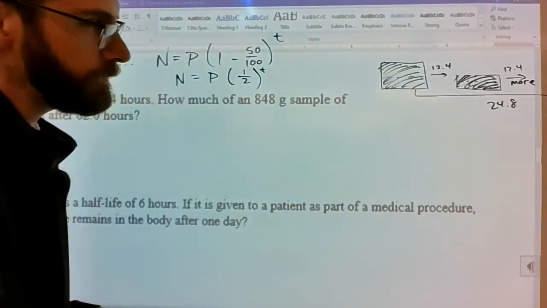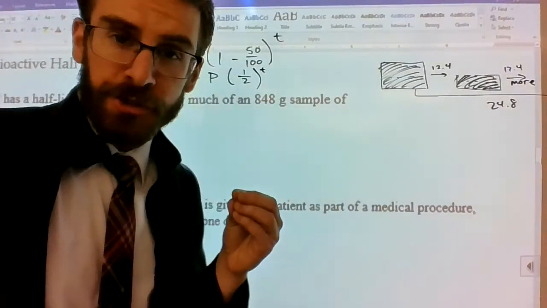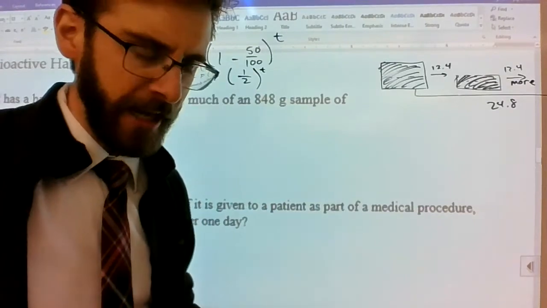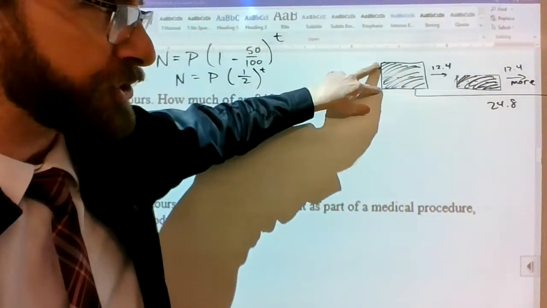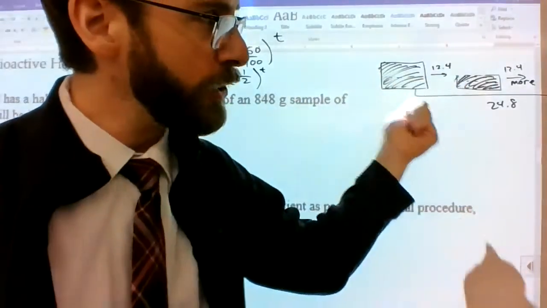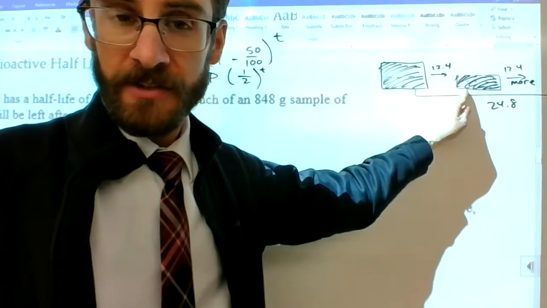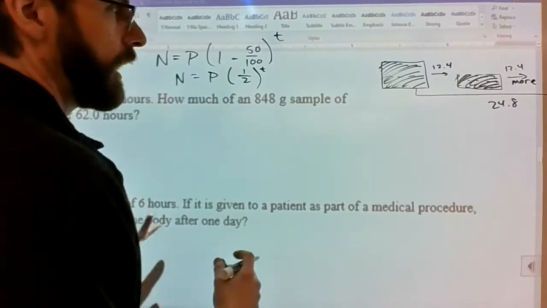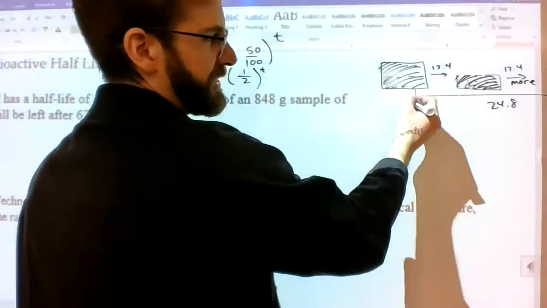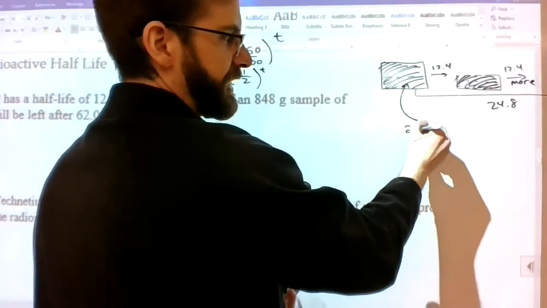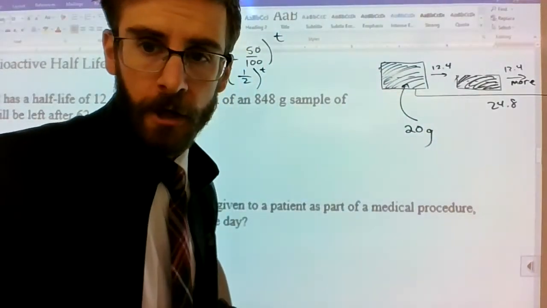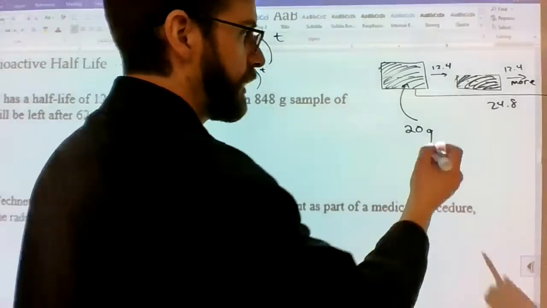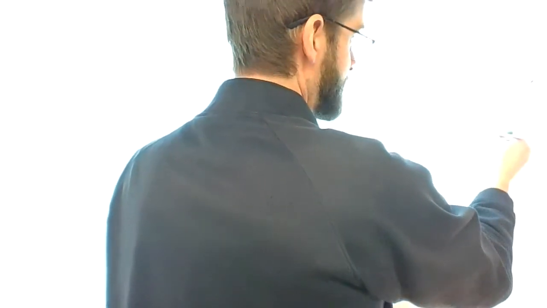Now the last thing we've got to do is adjust the exponent, because the exponent doesn't actually reflect how much time is really going by in order to get that substance. See, think about it like this. Let's say that this is equal to 20 grams, okay? 12.4 hours later, we are down to 10 grams.